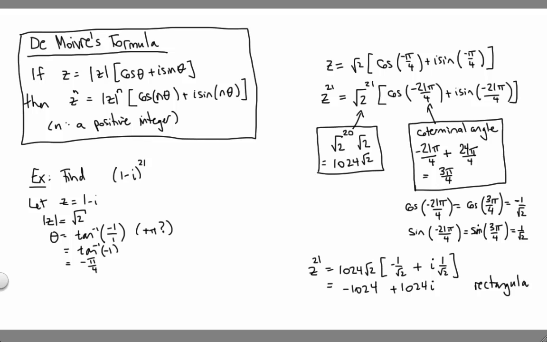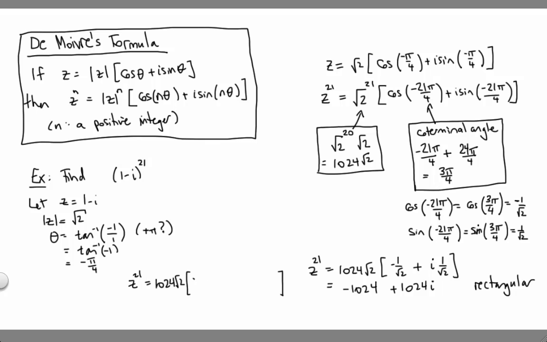To me, that would be the most natural answer because the number was actually given in rectangular form. But if you wanted to give an answer in polar form, let's write it over here for the sake of space. So if you wanted an answer in polar form, your length best expressed as 1024 root 2. And it is nice to give the version of the angle that's somewhere between negative pi and pi.